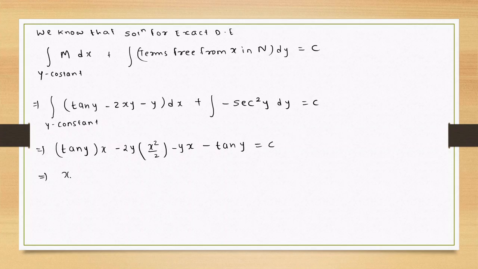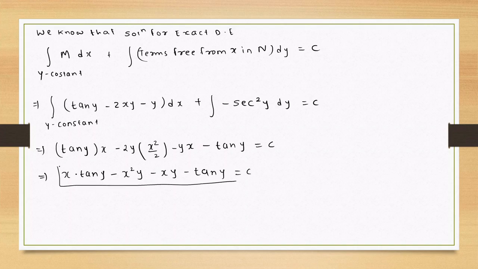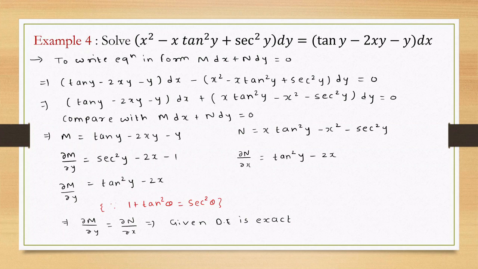So it is x tan y minus x square y minus xy minus tan y is equal to c, which is the solution of the given differential equation. Correct? This is the solution of the given differential equation: x square minus x tan square y plus sec square y dy is equal to tan y minus 2xy minus y dx. I hope you understood. Thank you.